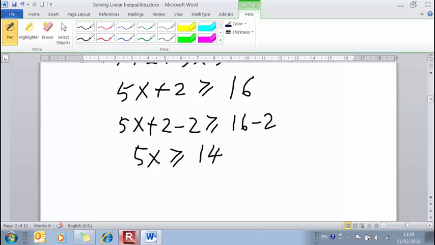And in order to get x, we will divide by 5. Now, you can divide 5x by 5 in order to get positive 1x, or you can multiply 5x more than or equals to 14 by 1/5. You can choose either one of the methods that we have discussed earlier.